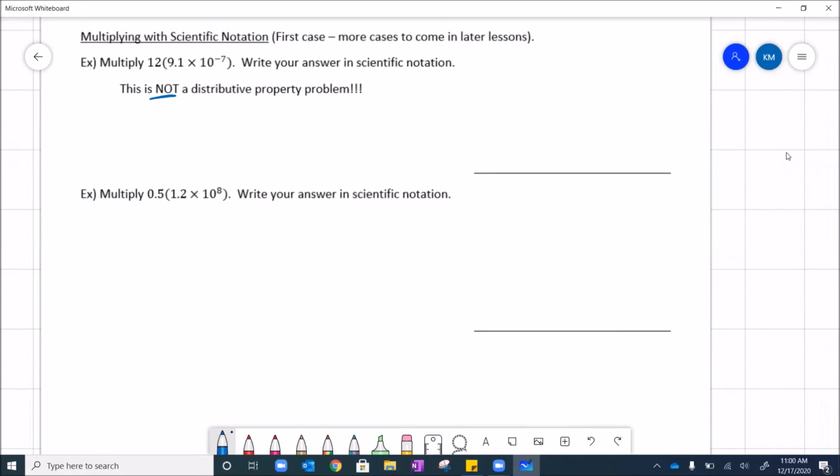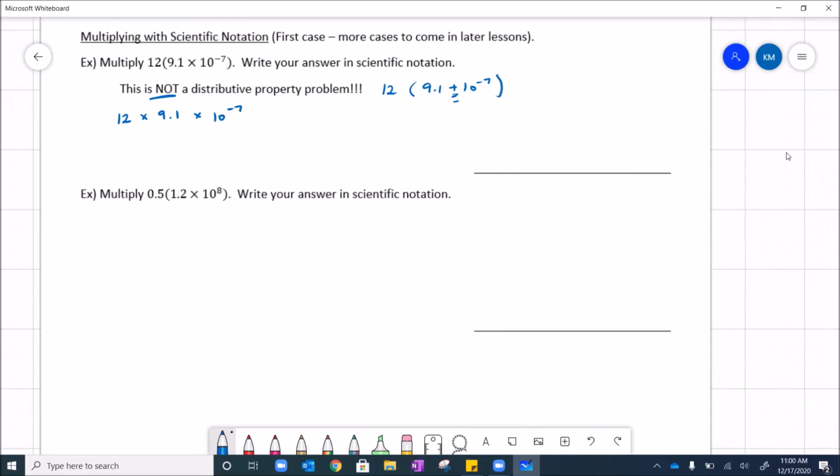With distributive property, you'd probably see this problem as 12 times 9.1 plus 10 to the negative 7, something like that. Distributive property is when you're adding. Notice that all these are multiplication. I could just as easily write this problem as 10 times 9.1 times 10 to the negative 7, just multiple multiplication problems.